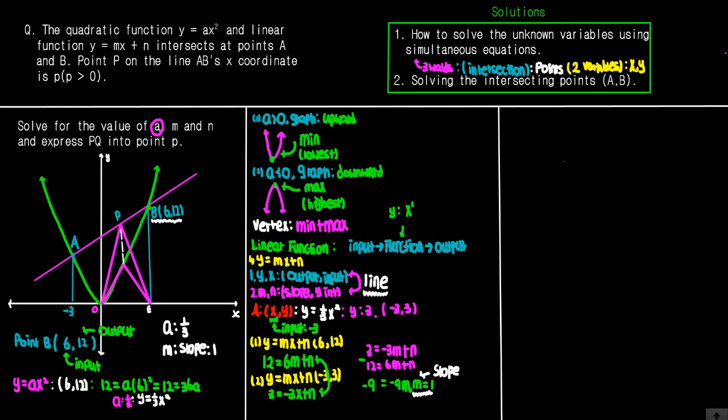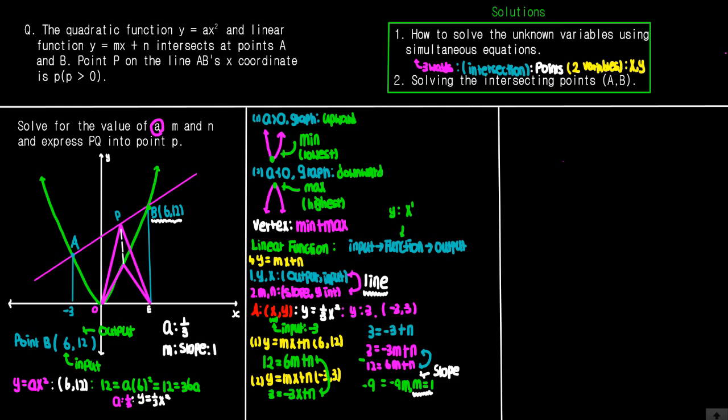And since we solved our m value, we can easily solve for our n value. All you have to do is input this back into our original function, whichever it may be. Let's input it into 3 is equal to -3m plus n. So if you input 1 for our m value, we're going to get 3 is equal to -3 plus n.